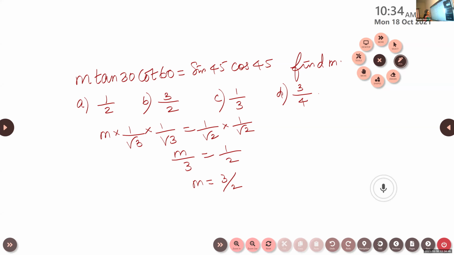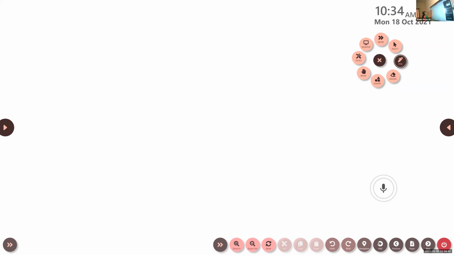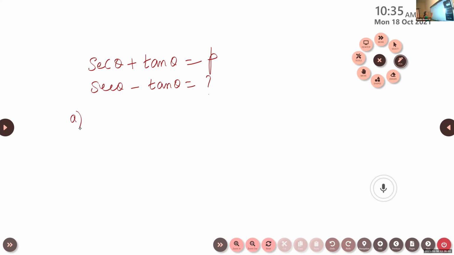Next one, children, note down, this is very important, it's a tricky question. Sec theta plus tan theta is equal to P. Therefore, what is sec theta minus tan theta? Option A, minus P. Option B, 1/P.